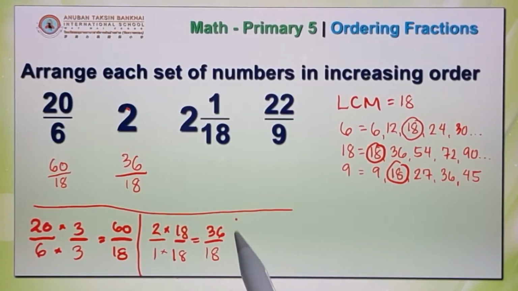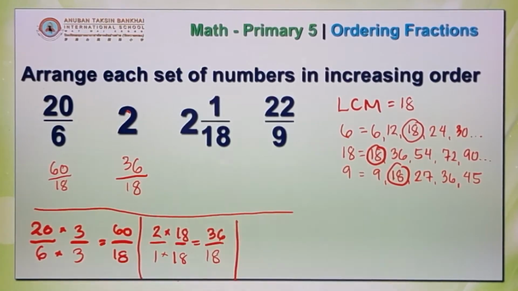Okay, now let's continue. We have here a mixed number, 2 and 1 over 18. Again, let's change this mixed number into an improper fraction. How do we do that? We multiply 18 times 2, that is 36, plus 1, so that is 37.